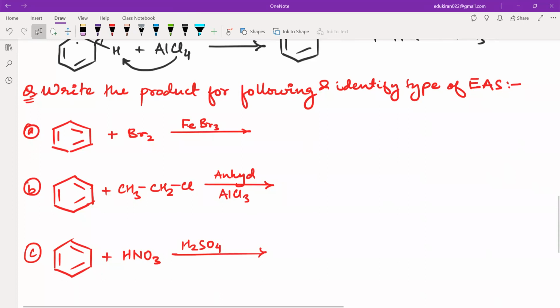Write this down. When you are done writing the answers, click a photo and send it to Nishkarsh sir.